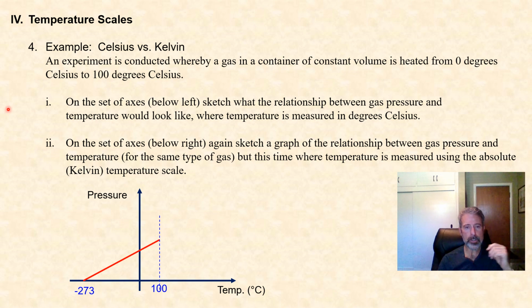And the next question says, again, sketch the graph, but this time on a set of axes where temperature is measured, not in Celsius, but now in absolute temperature units or Kelvin.